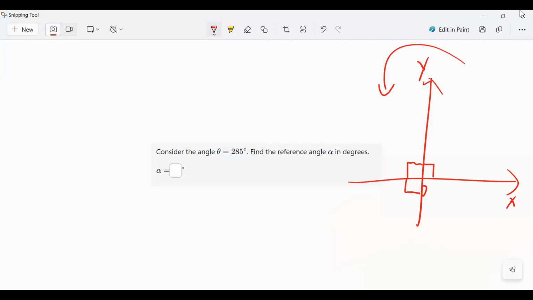So that means the reference angle will be located in the fourth quadrant. And we know this is already 270 degrees. Then we have 285, so it's going to be 285 degrees minus 270 degrees. So that means this angle here is a 15-degree angle.